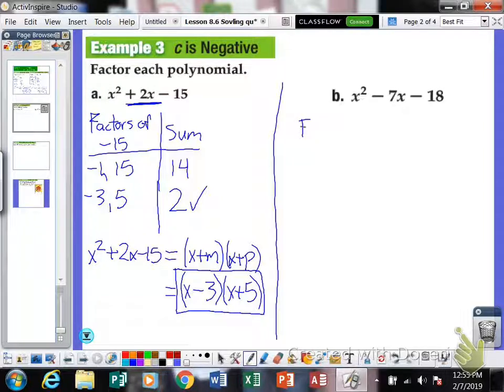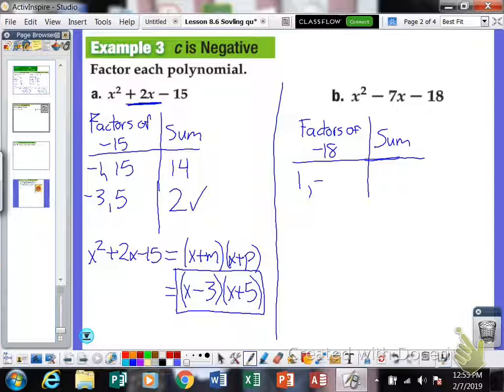We have factors of negative 18 and our sum. Remember, we want our sum to be negative 7. So we'll start by listing our factors.